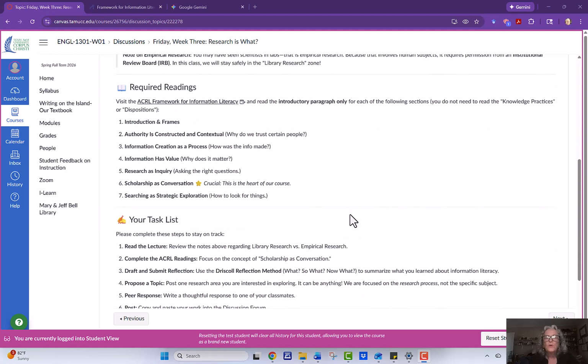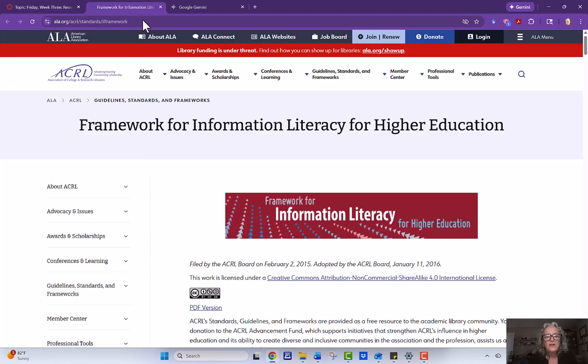To begin, we're going to read about information literacy, or what it is to be an informed citizen. So we're going to read, this is for libraries. So if you click there, you get Framework for Information Literacy for Higher Education from the American Library Association, and librarians put this out. So here you hit on this when you open it.